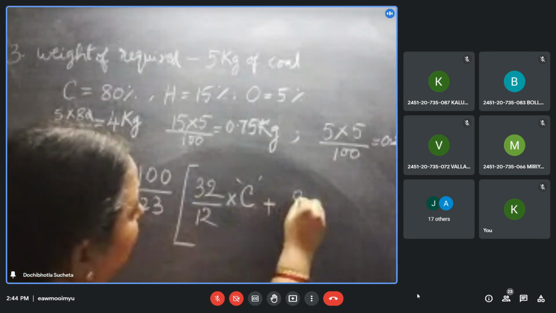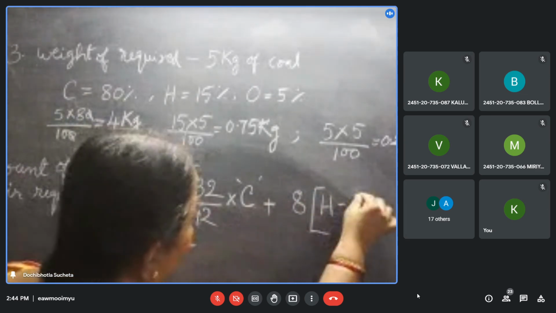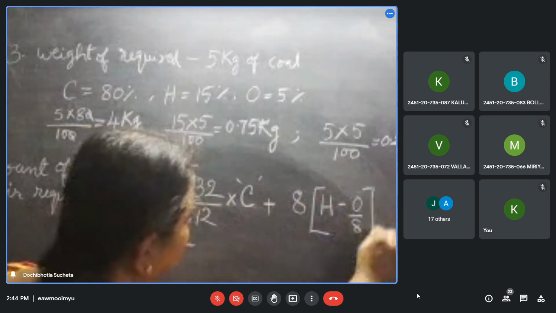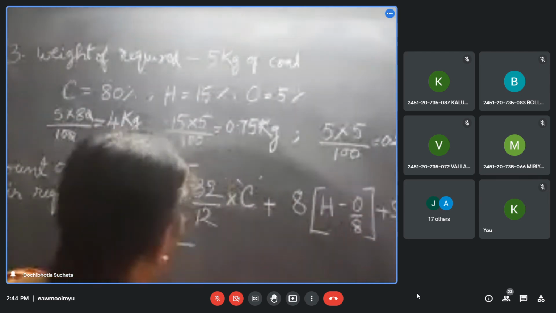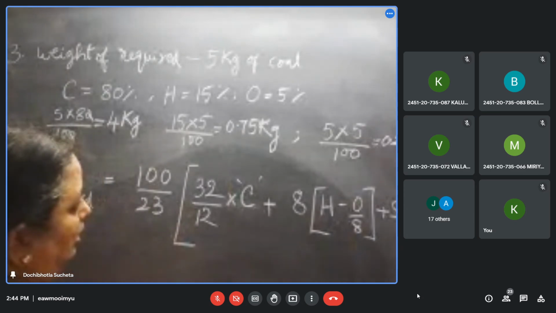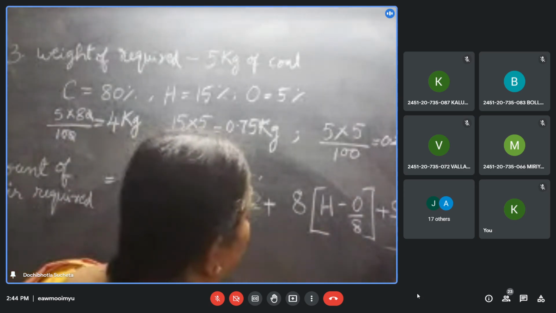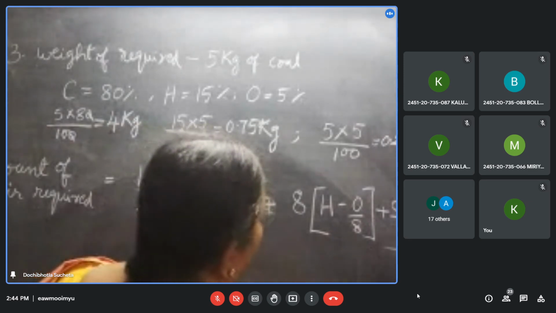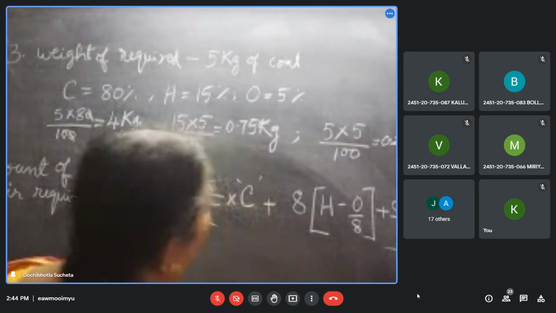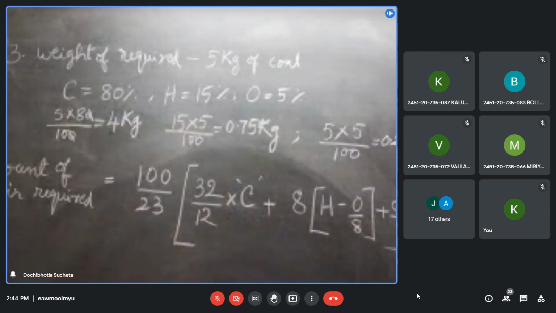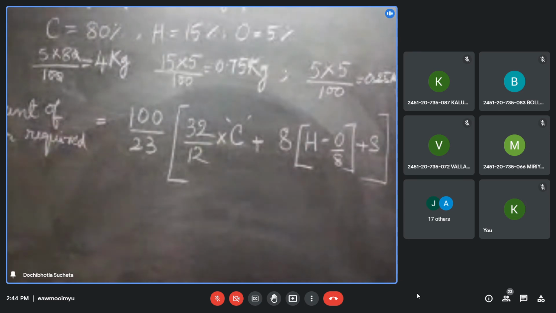Plus the formula is 8 into capital H minus O by 8 plus sulfur. And the whole answer is in kgs or grams. Now I'll keep it in kgs. Now can you substitute? Very easy.